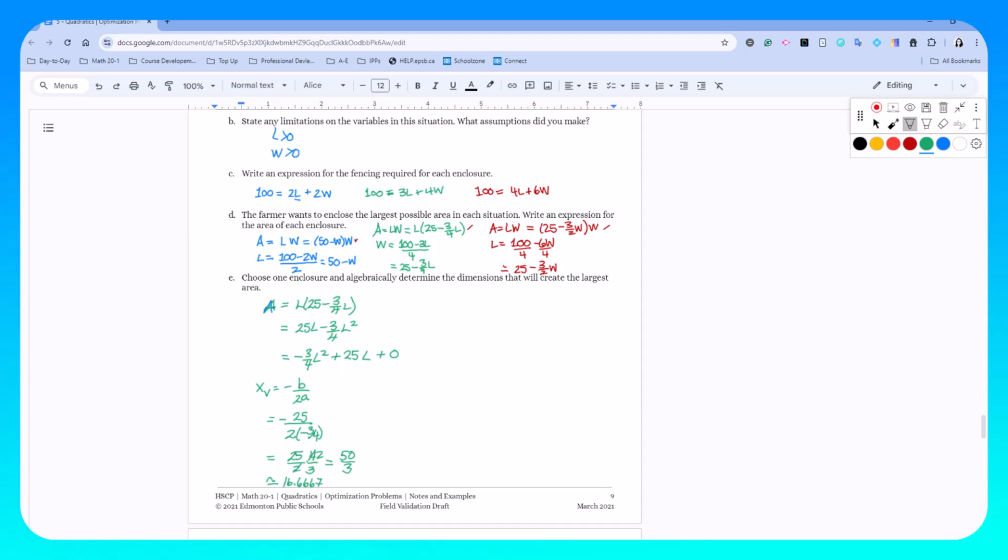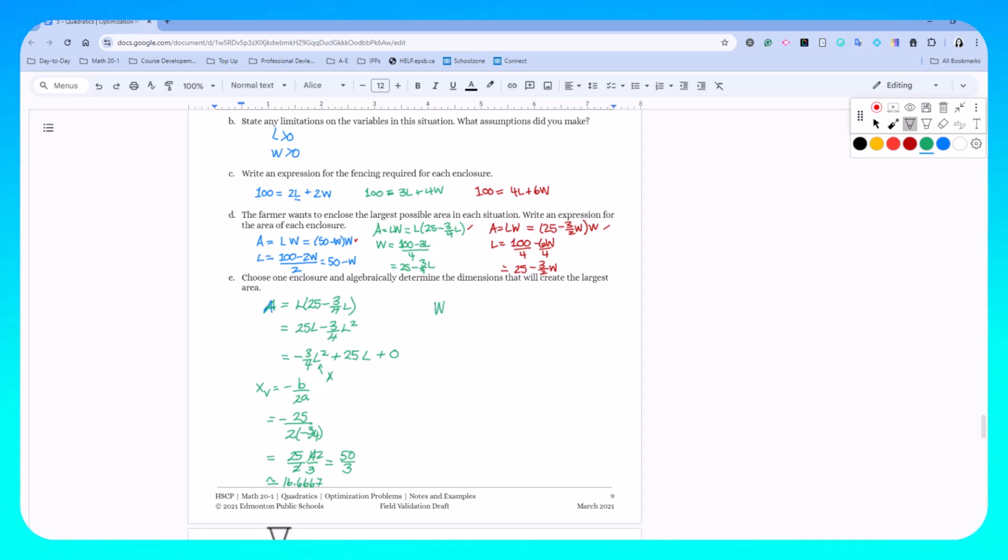This is an exact value, and we're going to use this to determine the maximum value, to plug back into our original function to solve for W. So this is the L that gives us the max, because L is kind of like the X or the vertex part right here. We're going to take that and plug it back in for our W.